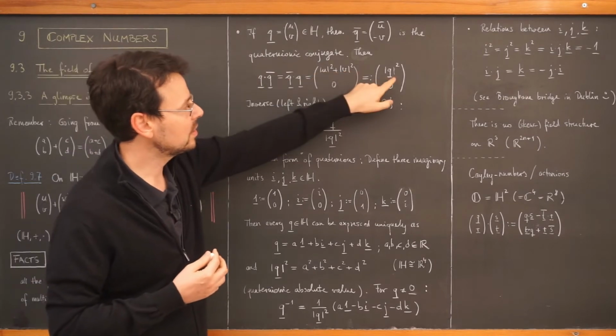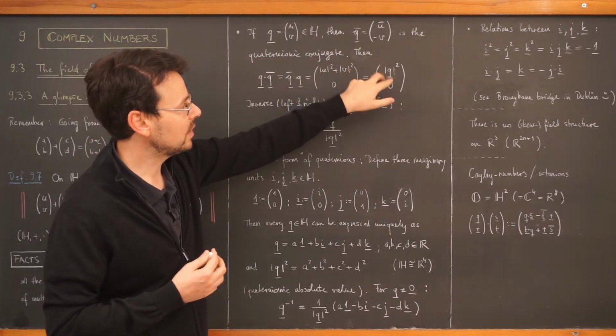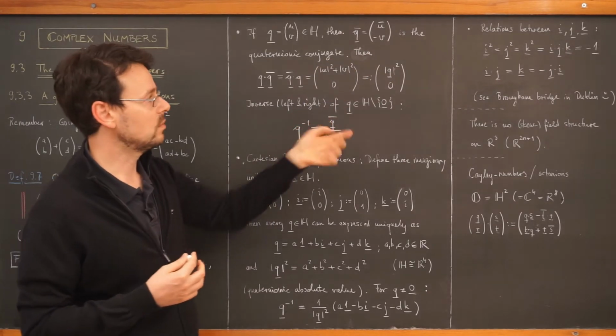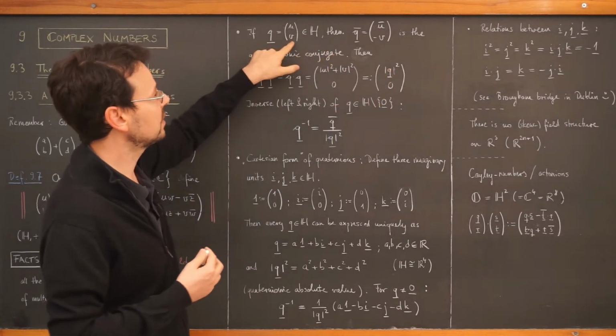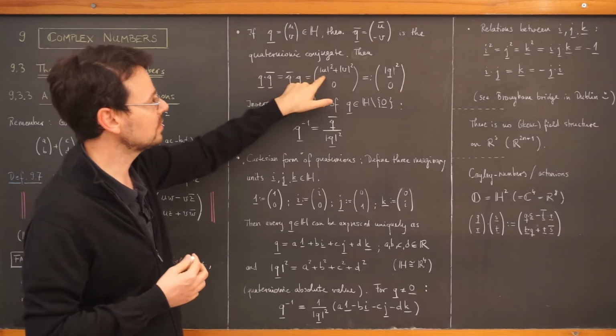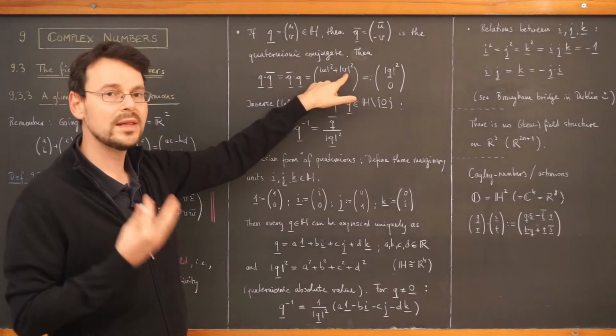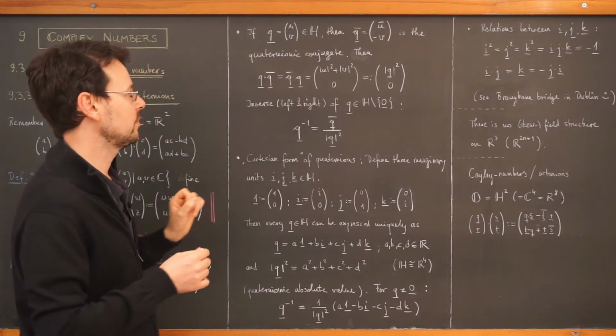And this we're defining as the quaternionic absolute value squared. So the quaternionic absolute value of this vector is exactly this real number. Okay, it's a real number.